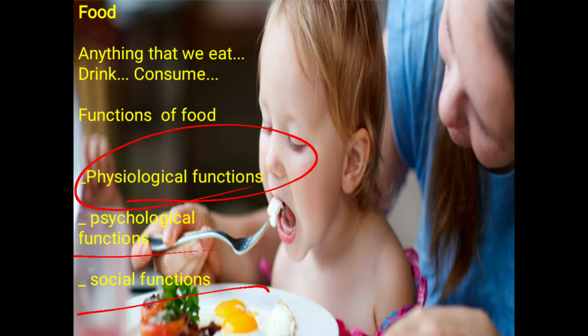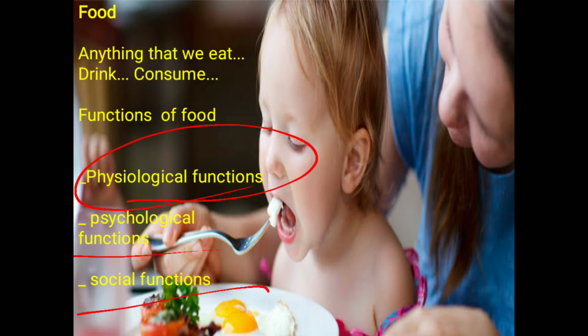Now, the second thing is to repair our wounds or body cells, or to help in building or maintaining the body. Who does this? Proteins. We all know that nutrients like proteins help us in growth, development, repairing, or any kind of growth of tissues.